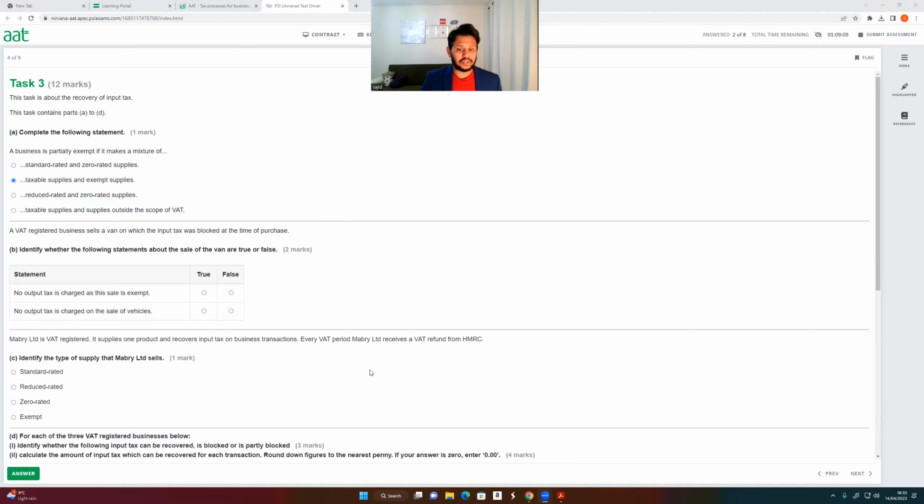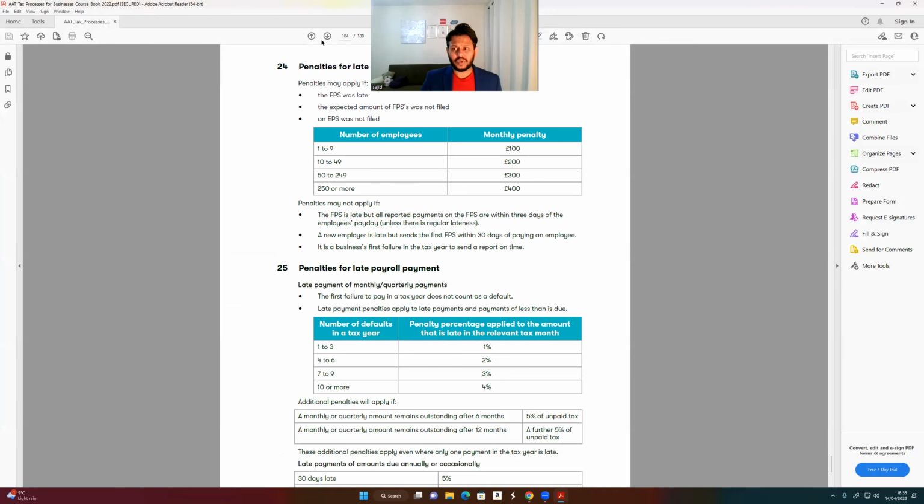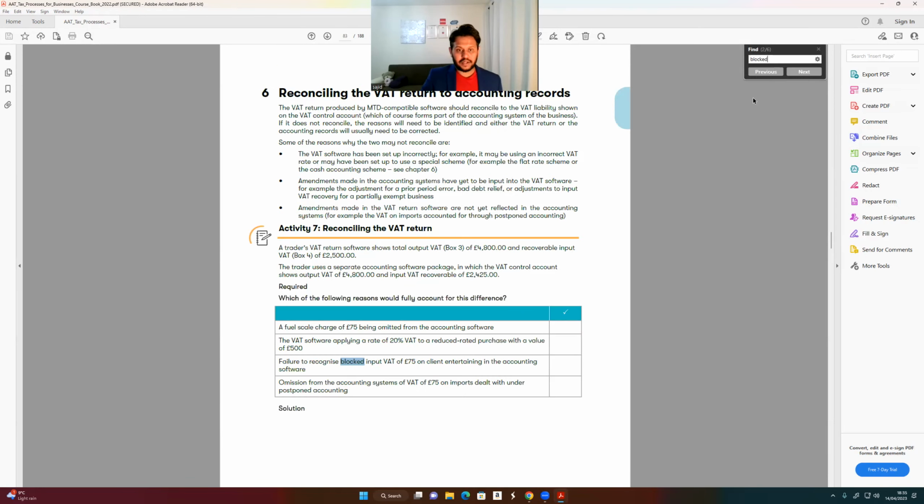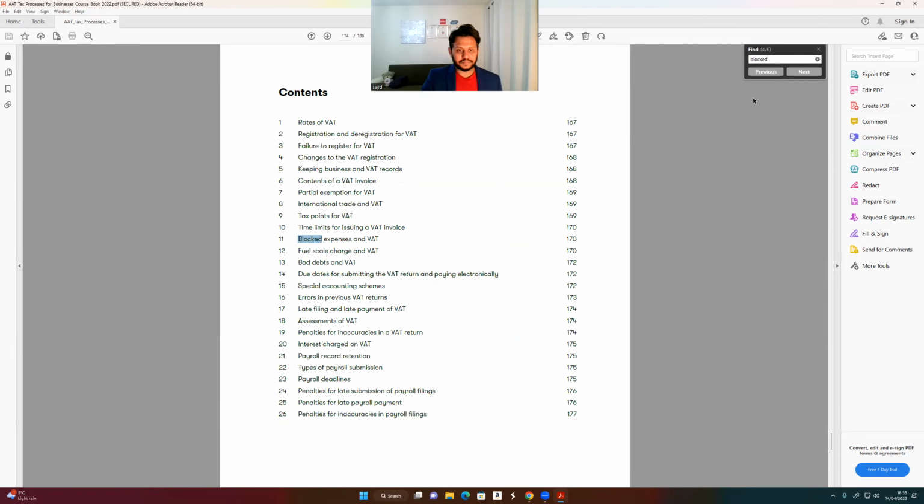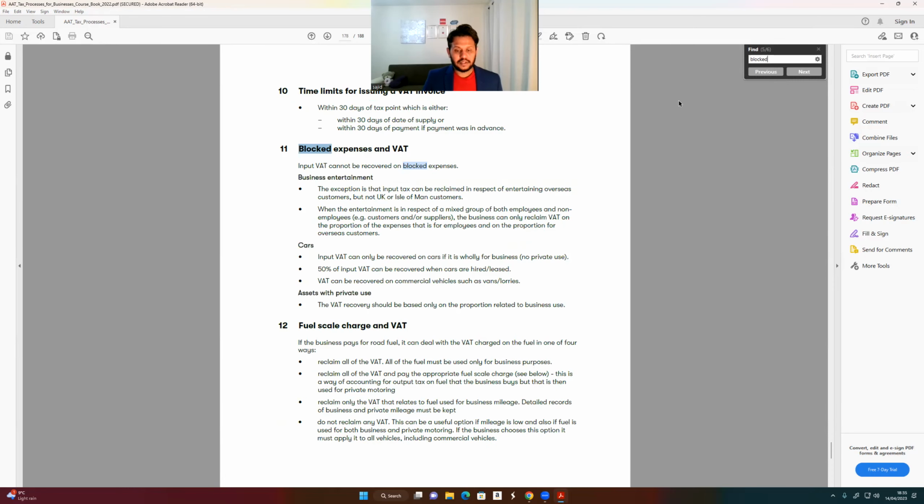For example, if we go to our book, let me show you a little bit because you need to make sure you read that. On the reference material, you can see we have a blocked expense, and here it is for cars.